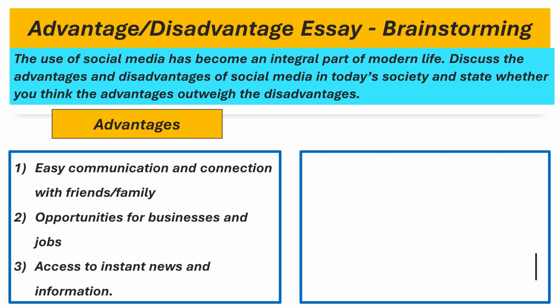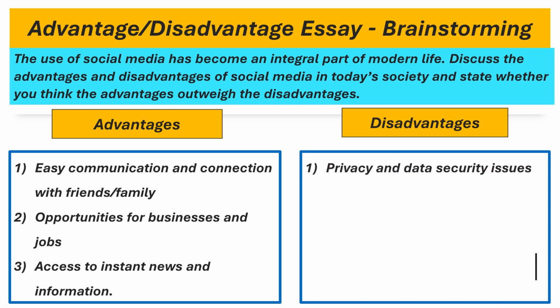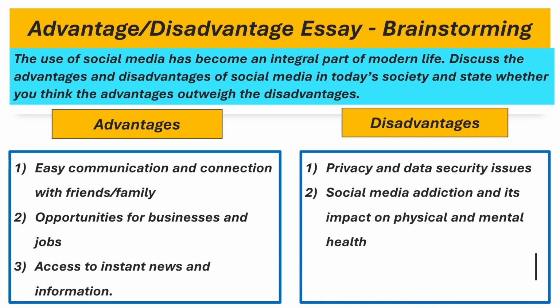However, we must also consider its drawbacks. Let's now look at the disadvantages. The first drawback is privacy and data security concerns. Many users unknowingly share personal information which can be exploited for unethical purposes. Another drawback can be social media addiction and its impact on physical and mental health.